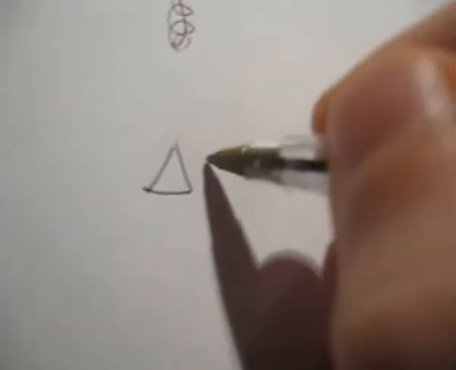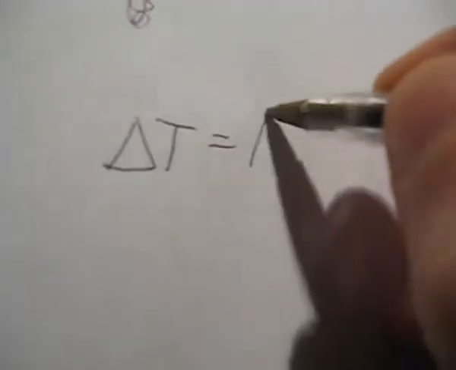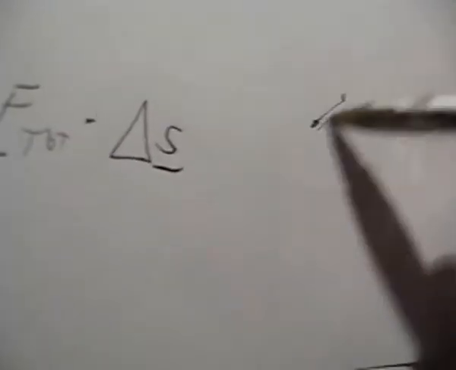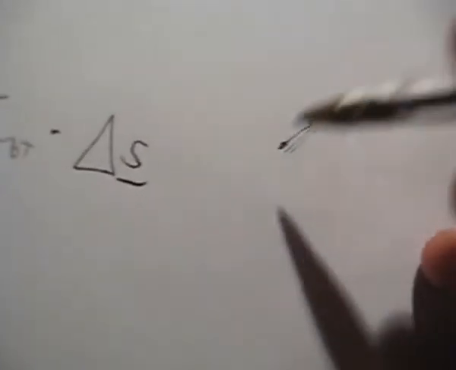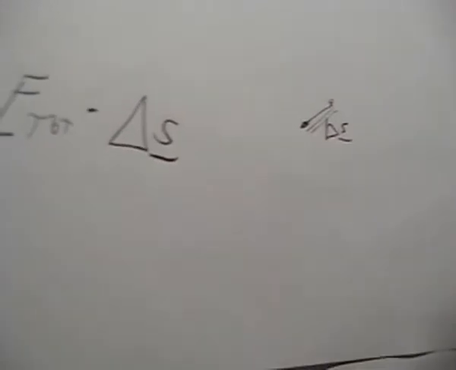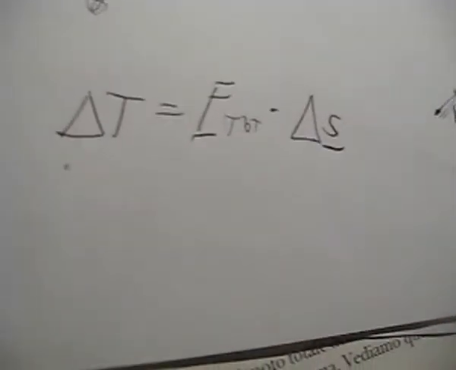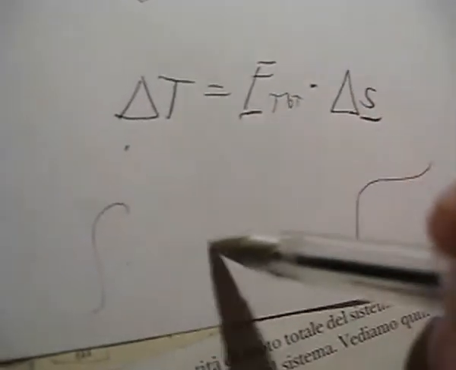It says that a small variation of kinetic energy is a force acting on a material point, a force vector, which must be the total force, multiplied by the small change of position vector, the small displacement vector, delta S vector, this one here. And of course, on a whole path, this would be an integral. Look it up in a book. We will come back to that later.